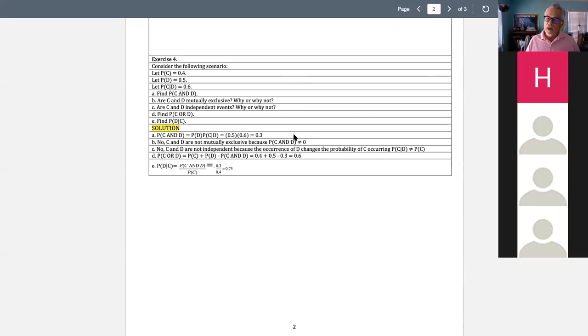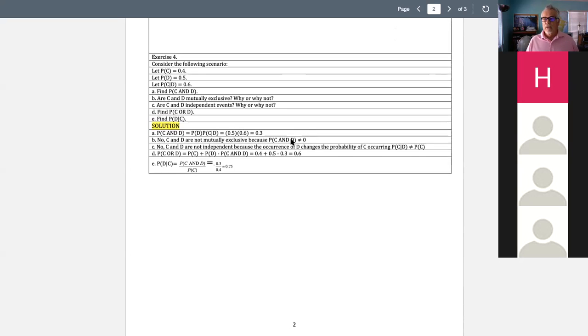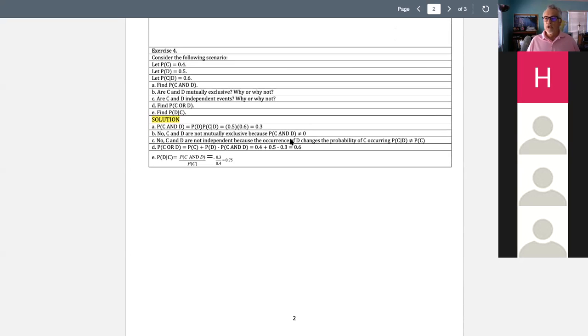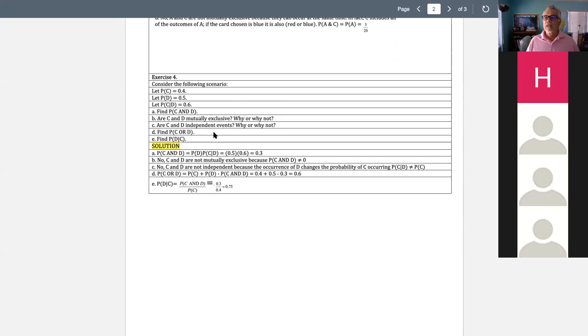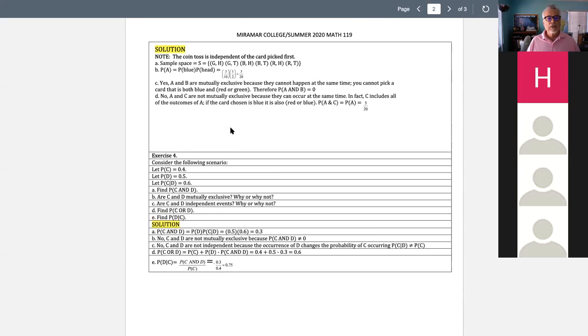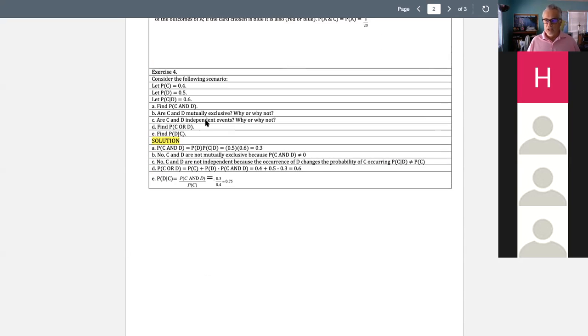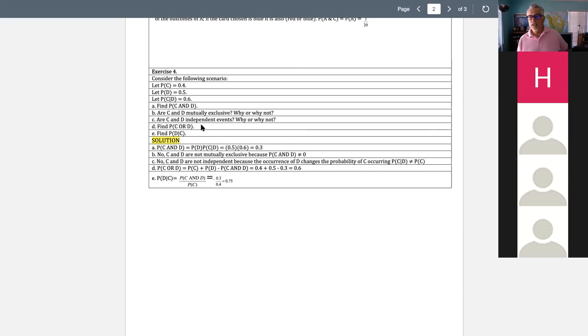So if you haven't done WebAssign yet, you need to get in there and do some of those problems, if not all of them, in preparation for your midterm. Make sure that you can use these rules with facility in order to solve problems like this.